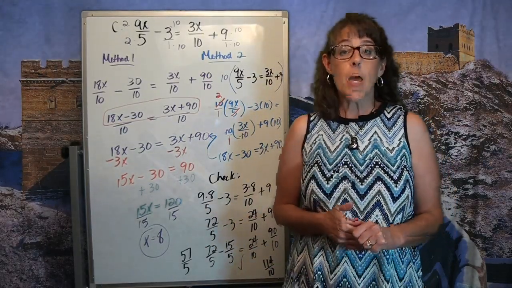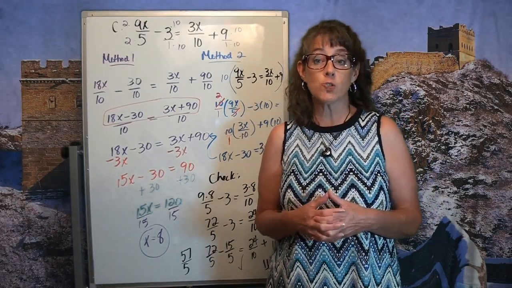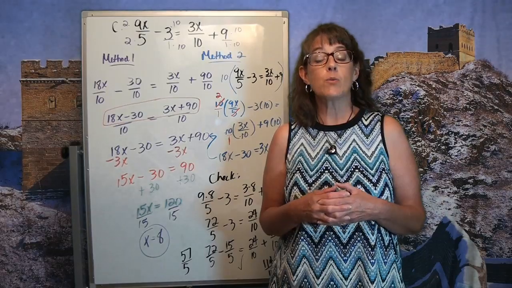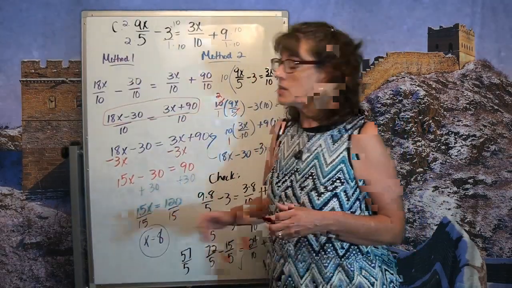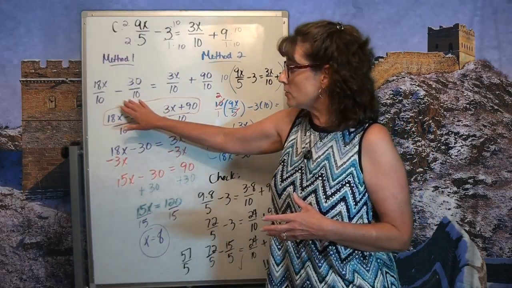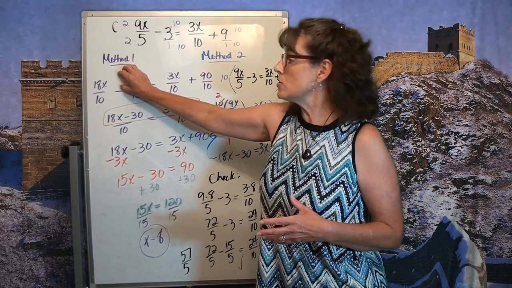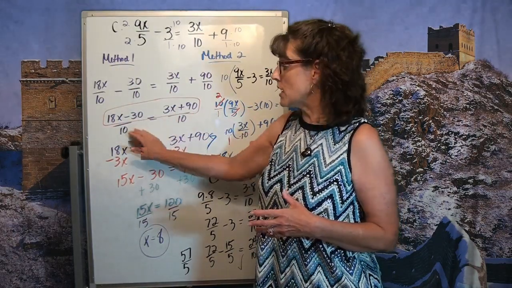So I hope this helps with the idea of simplifying or solving your rational equations. And remember that in order to do that, you've got two methods. The first method says let's retain those fractions. Let's get that common denominator. Let's adjust those numerators. Let's combine them by adding or subtracting those numerators and keeping the denominators.